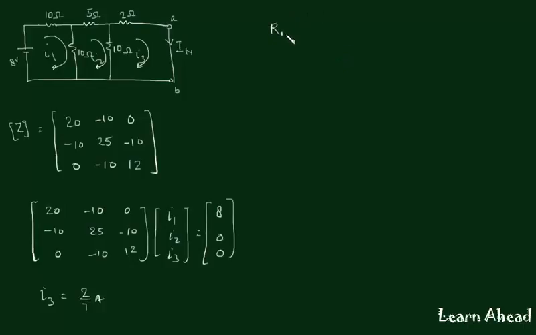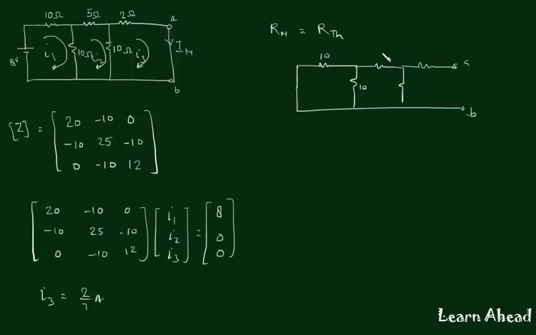To find Norton's resistance, the method is exactly the same as that used to find Thevenin's resistance. That is, we eliminate the voltage and current sources. We replace the voltage source by a conducting wire, that is, we short the voltage source and open the current source. Here there is only one voltage source, so after shorting that, the network will look like this.